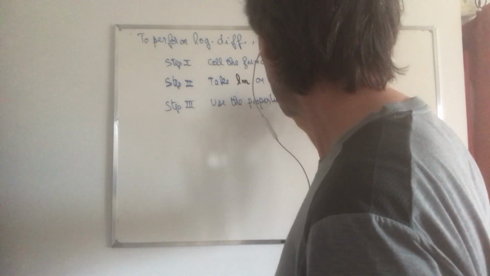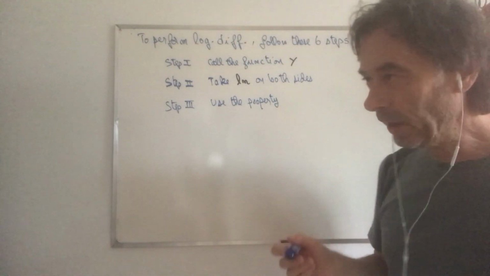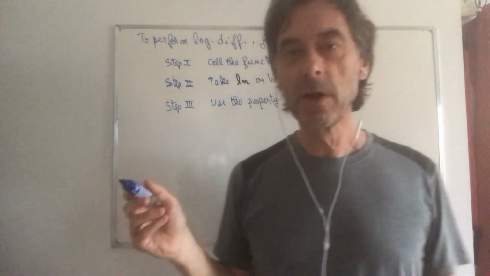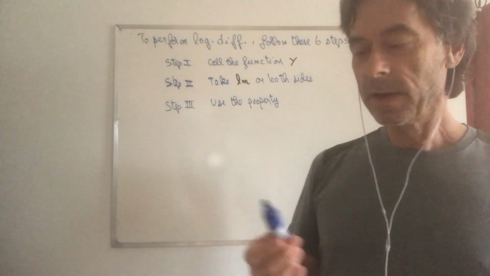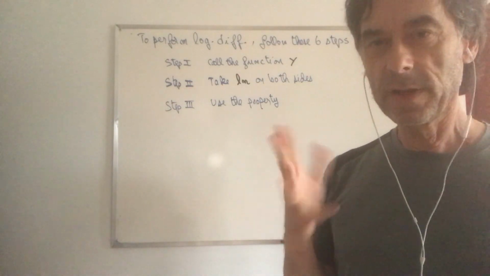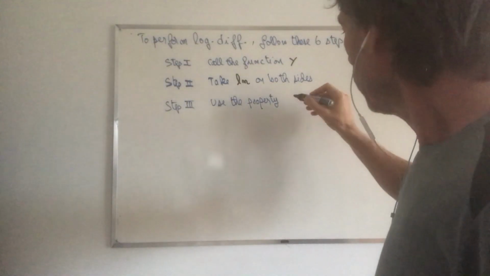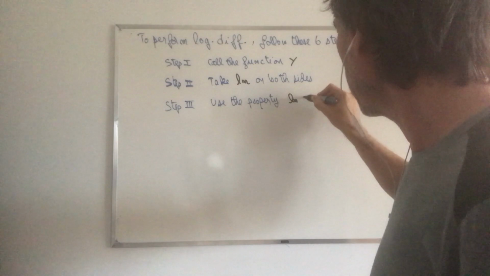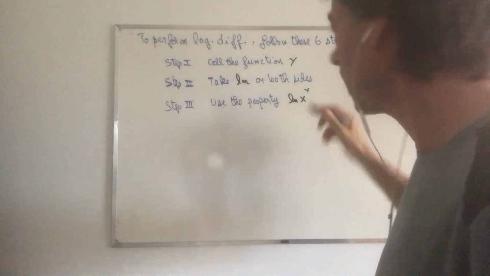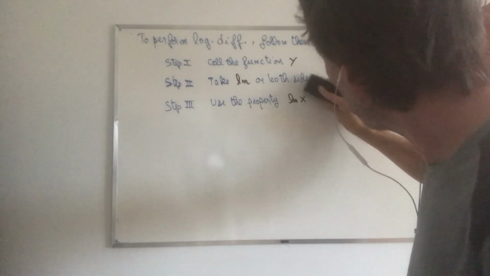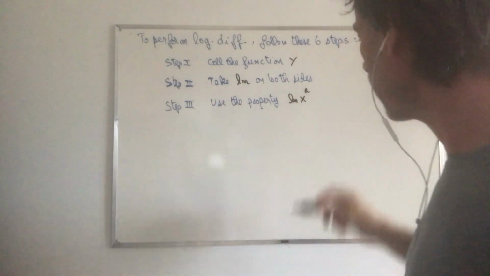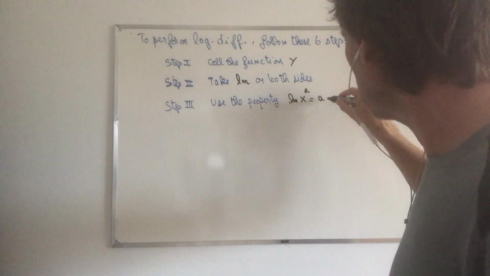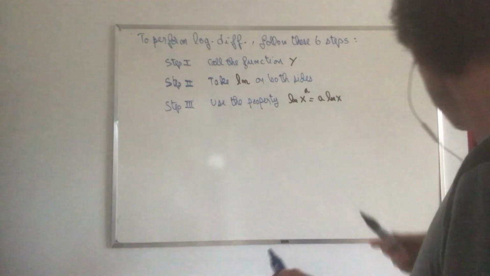Remember there are 3 properties of logs, and if you really paid attention to that little segment of a previous video, I put a little star next to the 3rd one because I told you that's the one that's going to be important. Well, that's exactly what's going on here. Use the property that ln of x to the a, I shouldn't use y because I have y already, let me use another name, ln of x to the a is actually equal to a ln of x.